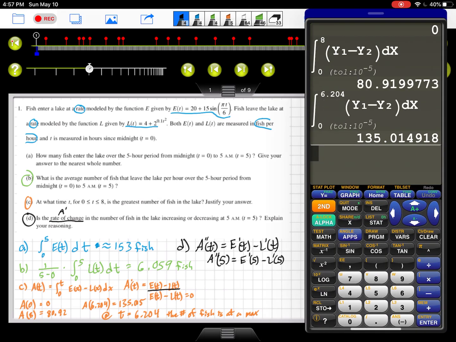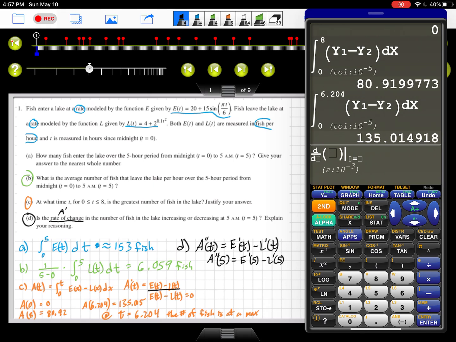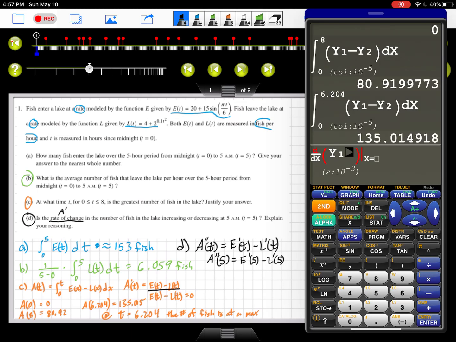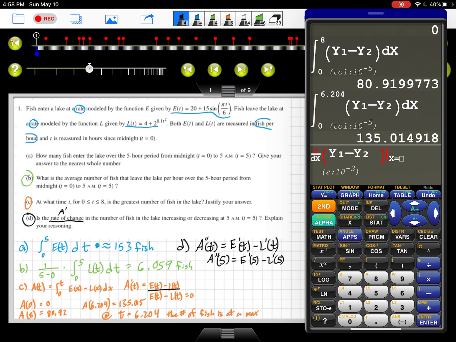Now, to do that on my calculator, I can just do it both at the same time. So I'm going to say math, nDeriv, n derivative of x, and I'm going to put y1 right there, minus y2, and then I'm going to say at 5. Because your calculator can take the derivative at any value that you decide.